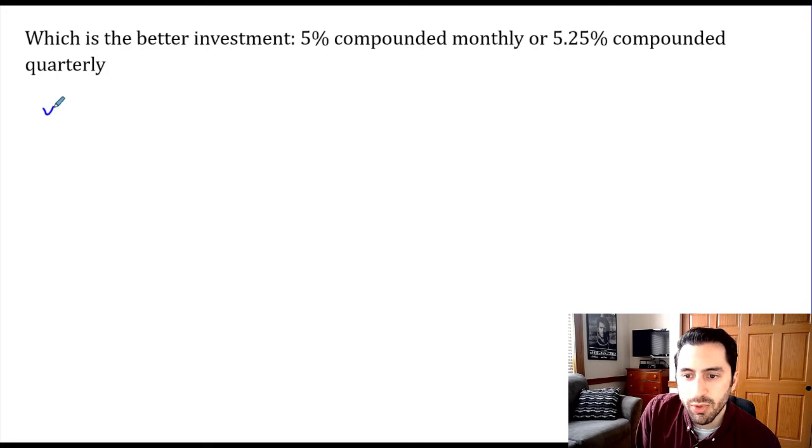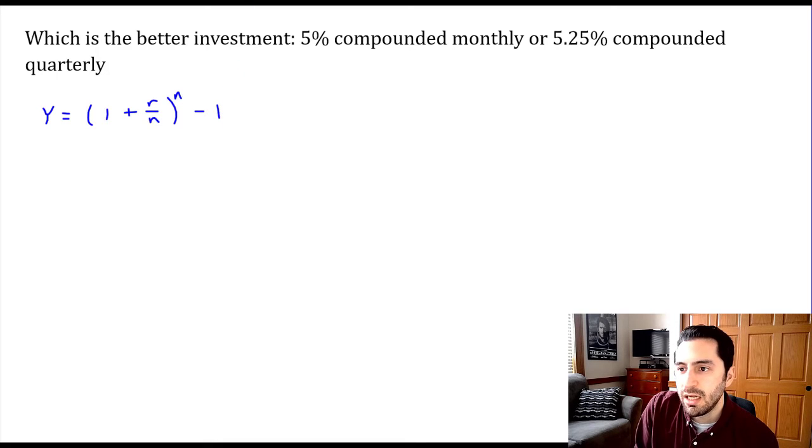So let's see what we end up with. So just to rewrite our formula, 1 plus r over n raised to the n power minus 1, and we're going to do that for both of these. So I'm going to just write this down twice. So for our first investment, we have a 5% interest rate, and it is compounded monthly.